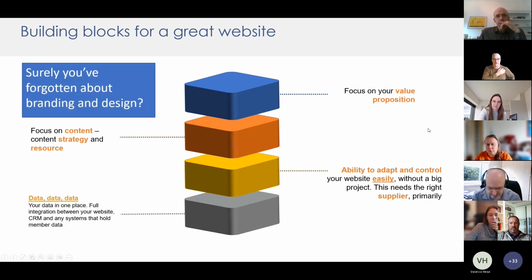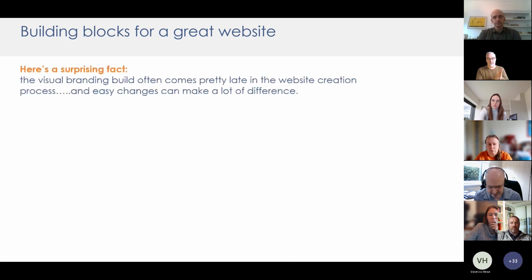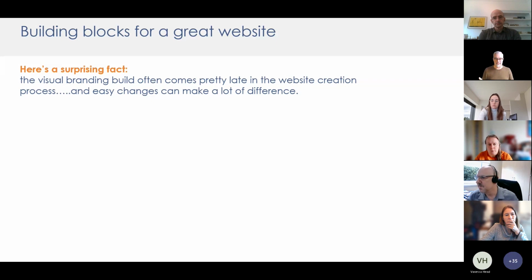But as many of you might be saying, well, what about branding and design? Well, that's obviously important, but there's an interesting perspective, we think, that we've had on this for a long time. So the first thing to think about is branding and design. Often the build of that comes pretty late in the website creation process.